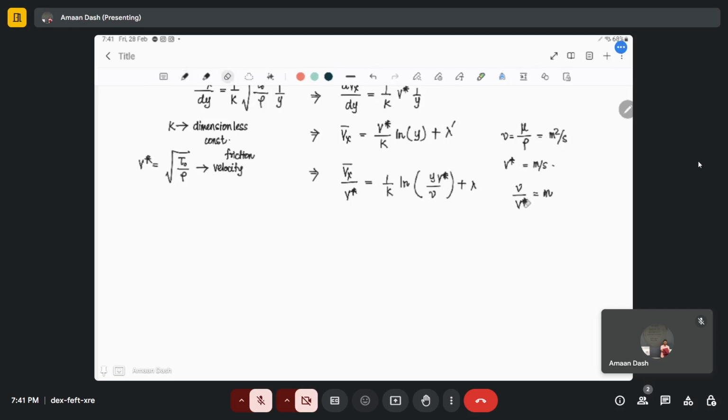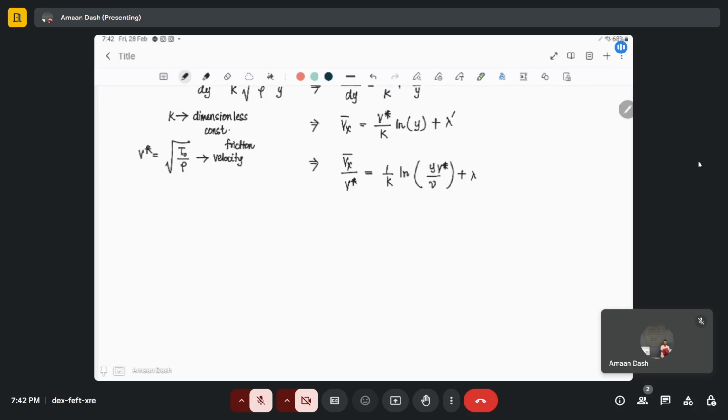Okay. And the rest of the terms we can incorporate here, that is lambda. And this is the expression that we have. And the constants that we have here, that is K and lambda, were obtained experimentally.